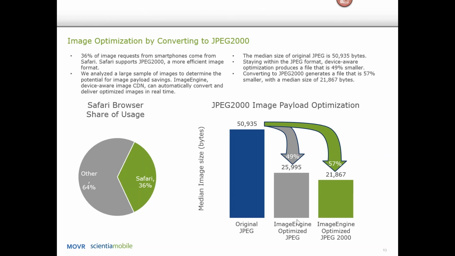But with JPEG 2000, this file is down to almost 22K, which is a 57% reduction compared to 49% reduction with JPEG.